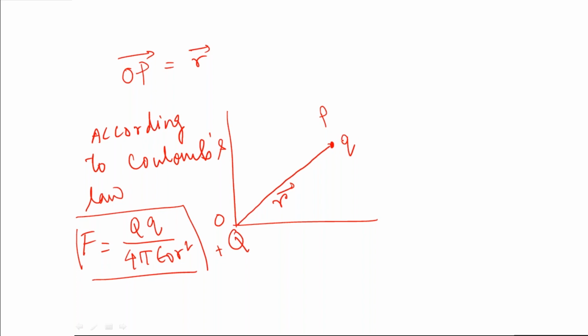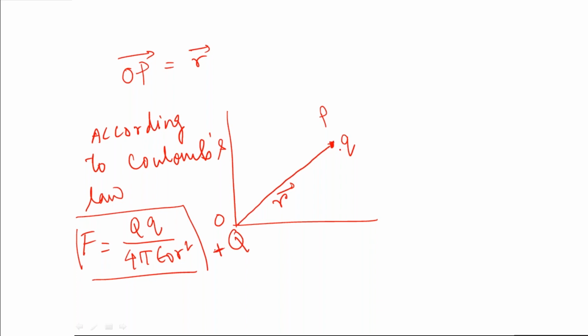Now the question is, suppose the charge was not there at this position P, so force will not be there, right? Are you agree with me or not? We'll not know whether there is force or not, isn't it?